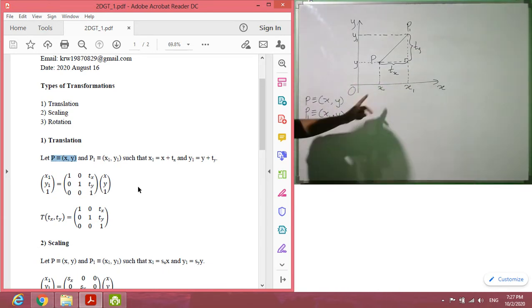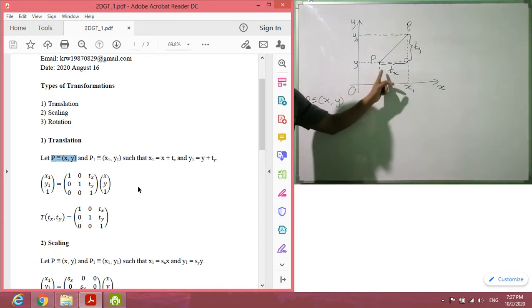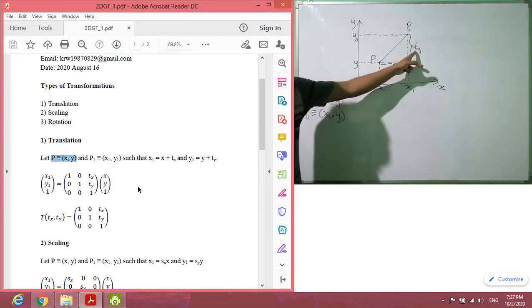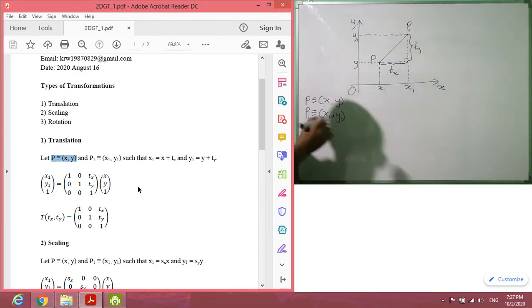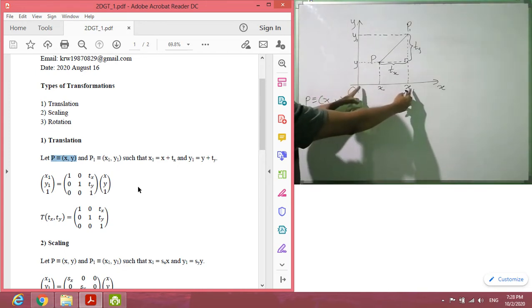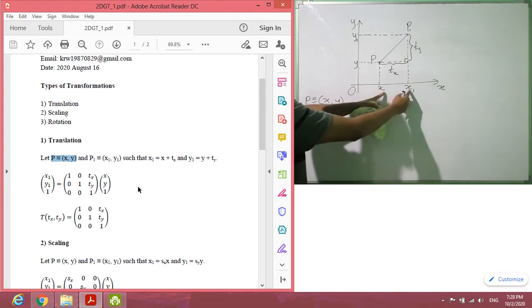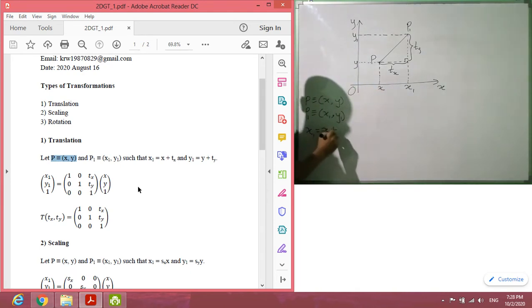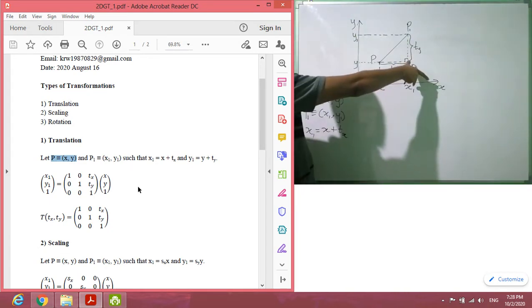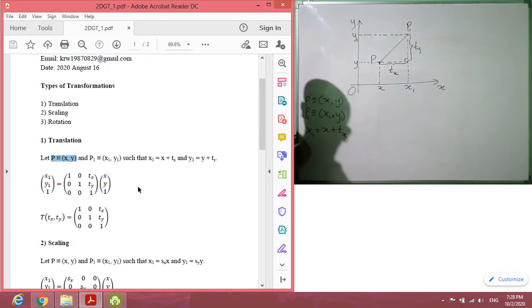That means in the positive direction of the x-axis we have Tx amount, and in the positive direction of the y-axis we have Ty amount. Therefore, x1 means x plus Tx, y1 means y plus Ty.